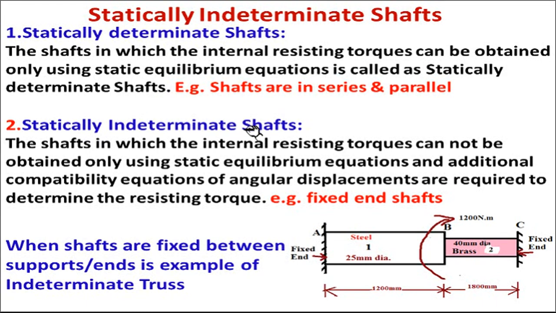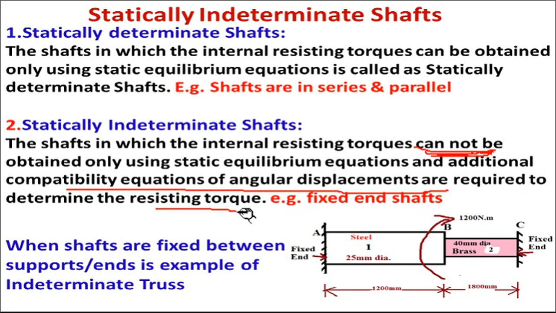But statically indeterminate means what? The shaft in which the internal resistant torques cannot be obtained using static equilibrium equations, and additional compatibility equations of angular displacements are required to determine the resisting torque.